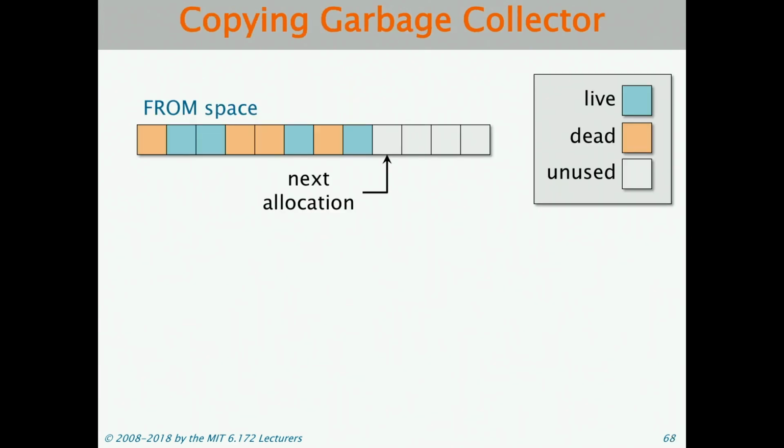So we're going to have two separate memory spaces, the from space and the to space. In the from space, I'm just going to do allocation and freeing on it until it becomes full. So when I allocate something, I place it at the end of this space. When I free something, I just mark it as free, but I don't compact it out yet.